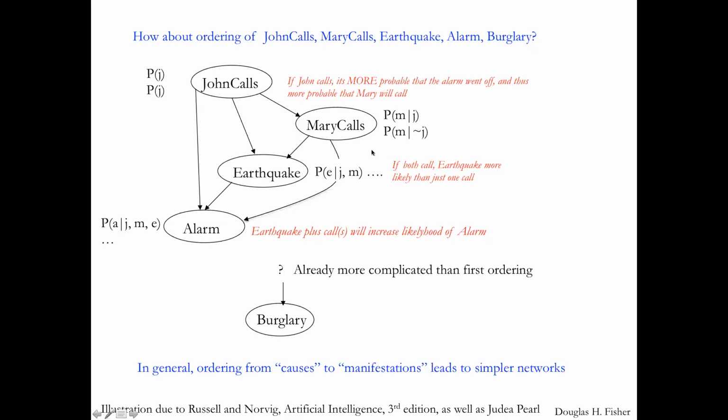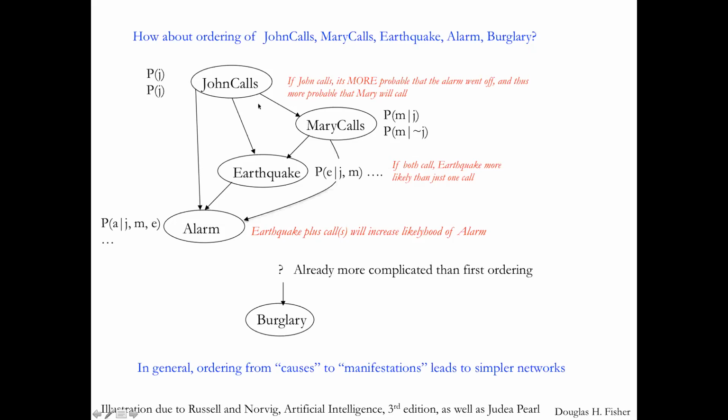Now, well, if we know that John has called, this is going to raise the posterior probability, the assessed perceived probability that the alarm has gone off. Okay? But when we consider Mary calls, we've not yet considered alarm.